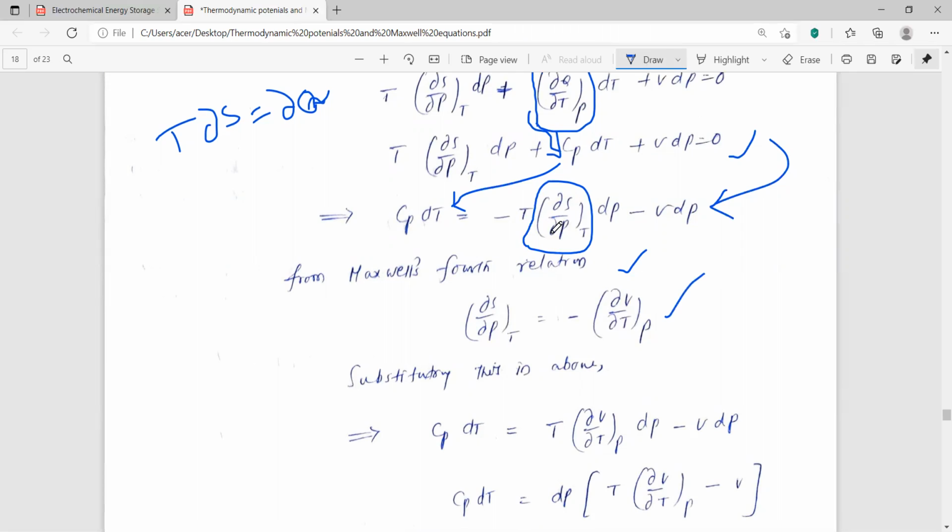So, instead of dou S by dou P at T, I can write minus dou V by dou T at P.